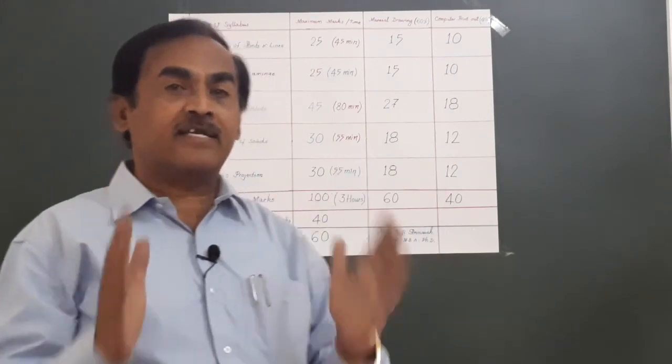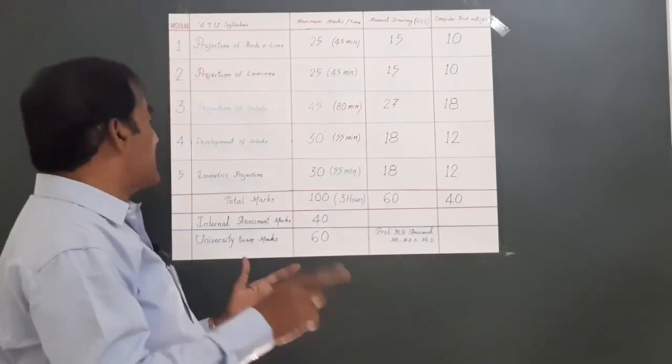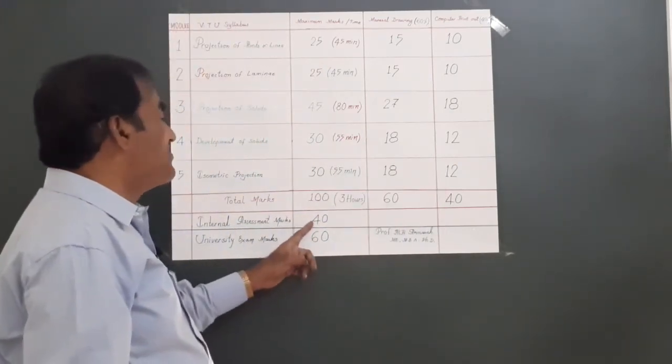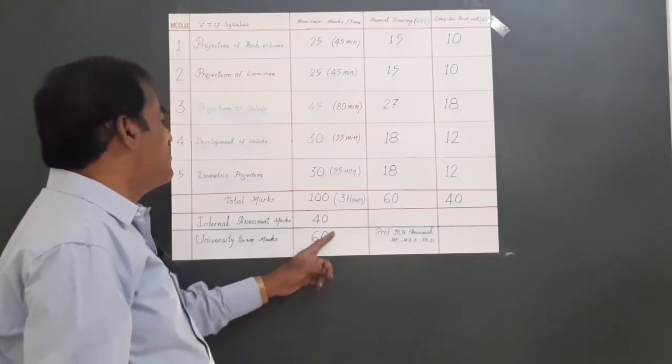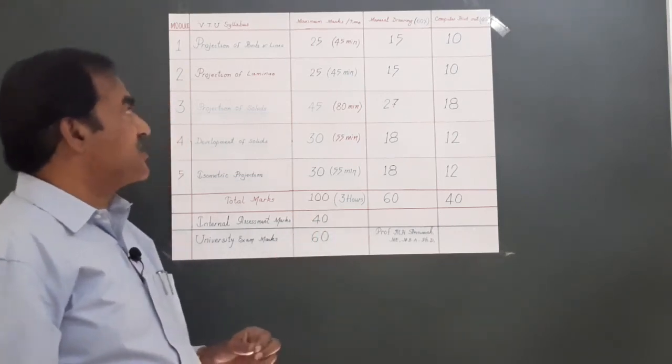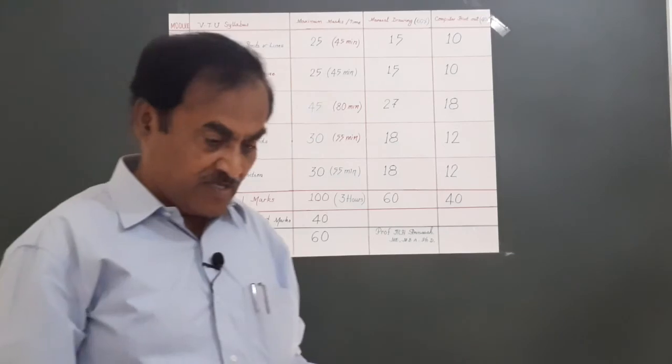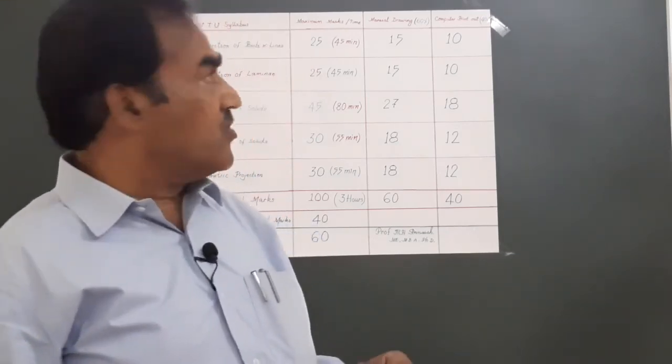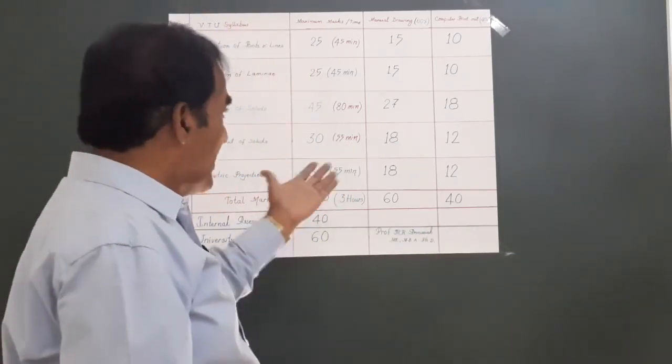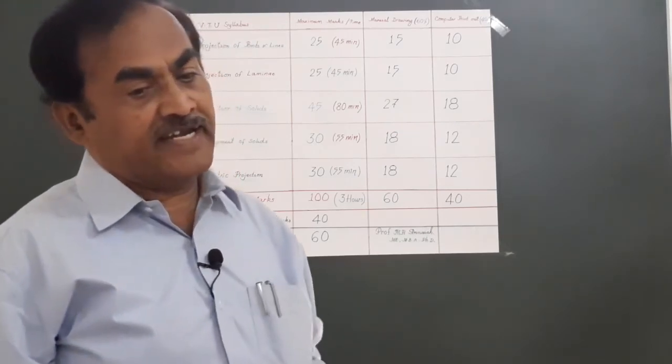So the total 100 marks comprises the 40 marks from the internal assessment and 60 marks from the university examination.